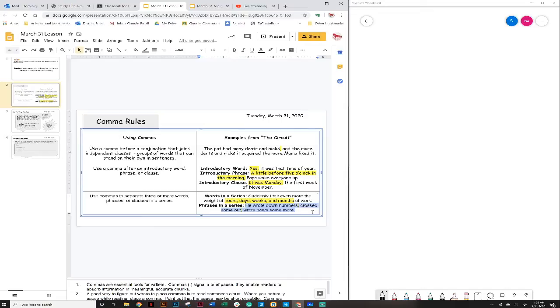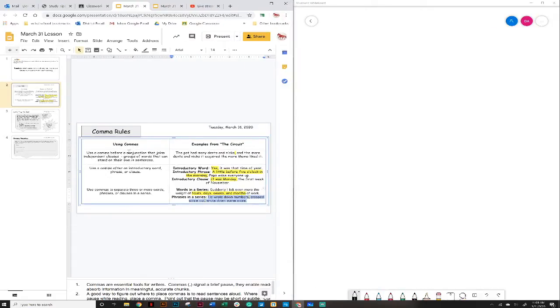All right, so let's do some examples on this side. We're going to do some examples for the first comma rule. All right, comma rule number 1. Use a comma before a conjunction that joins independent clauses, otherwise known as compound sentences.